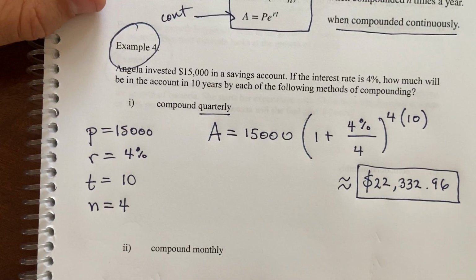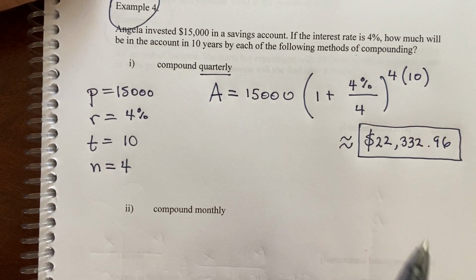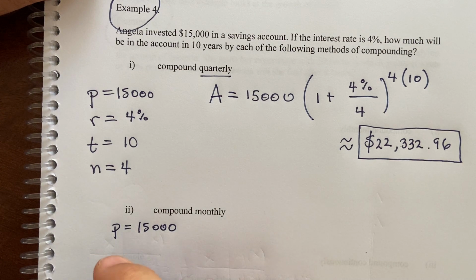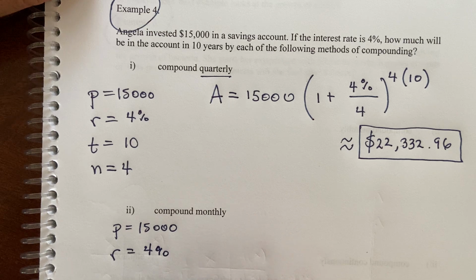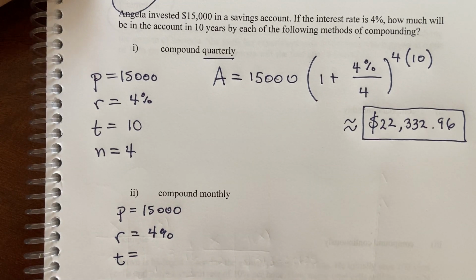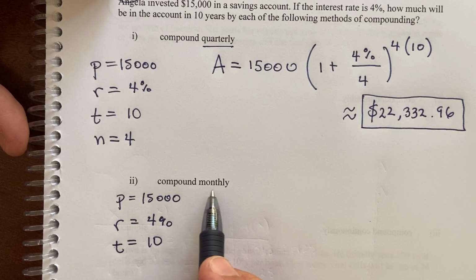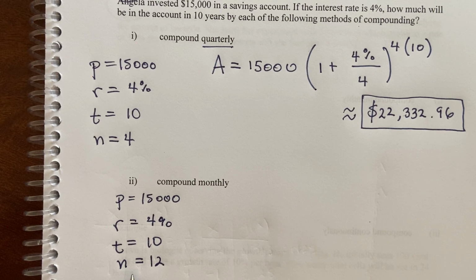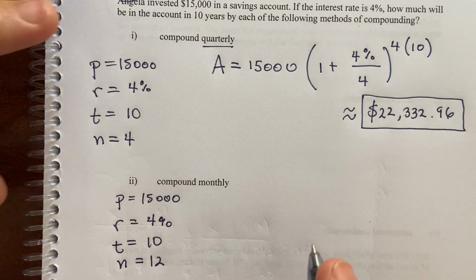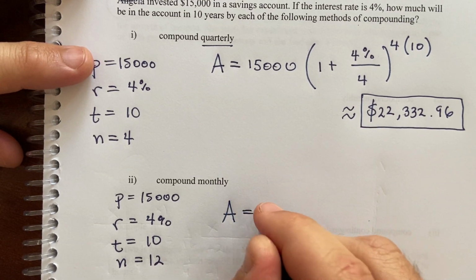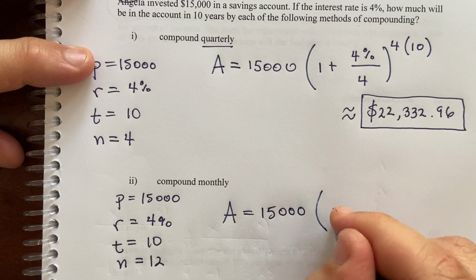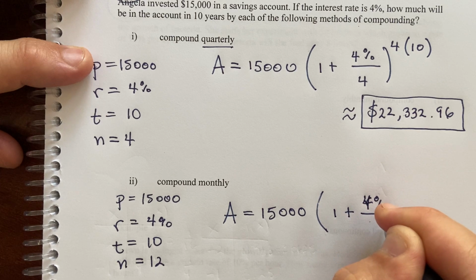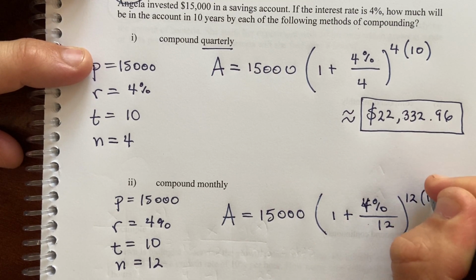What if it's compounded monthly? So everything else we're assuming is the same. So we still have P equals 15,000. We still have the interest rate that was quoted, 4%. The time still is 10 years, except monthly means N will be 12. So N always counts the number of compounding periods in just 1 year. So the amount for this arrangement would be 15,000 times 1 plus 4% over 12 raised to the 12 times 10.